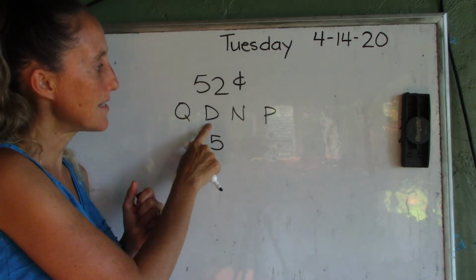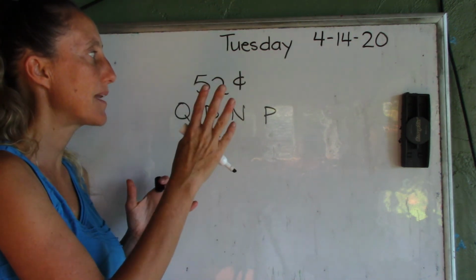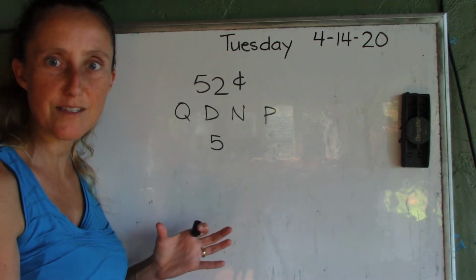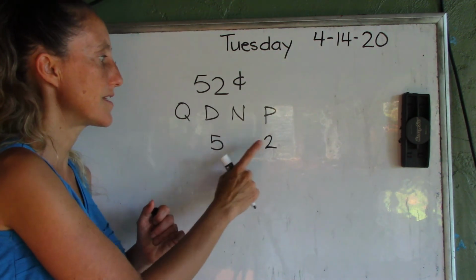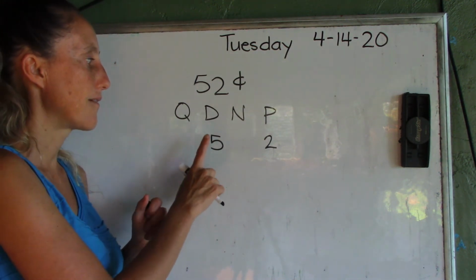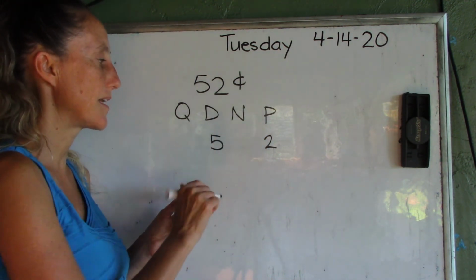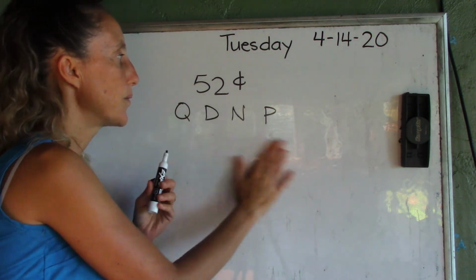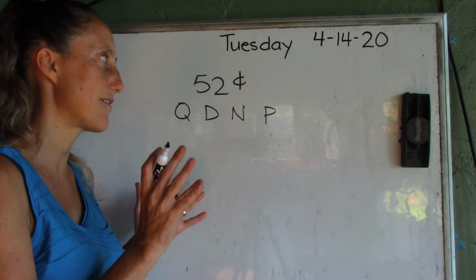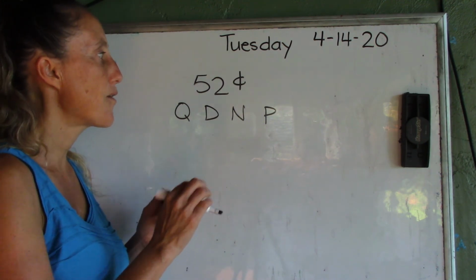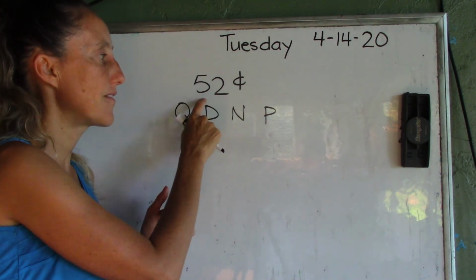Okay, so 5 dimes makes 50 cents, but I still need 2 cents. How do I make 2 cents? Right, 2 pennies. 52. I would use 5 dimes and 2 pennies. Okay. All right, now let's do the nickels. I was trying to count nickels before. Let's count nickels this time. How many nickels would I need to make 50?